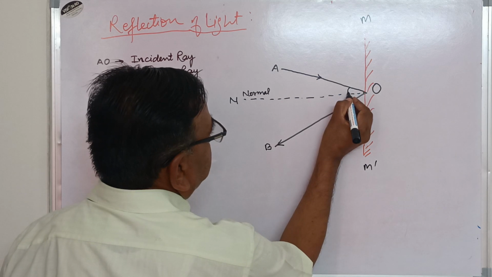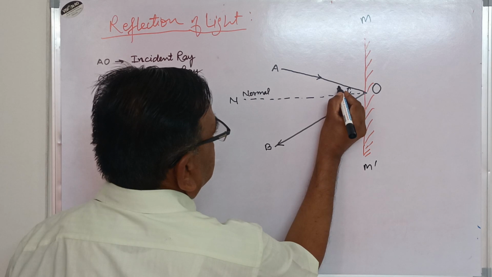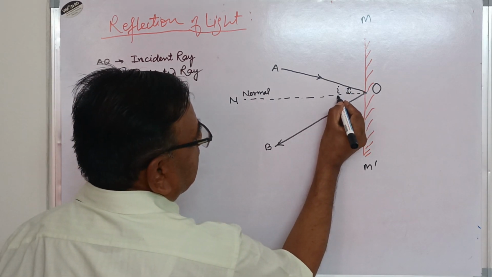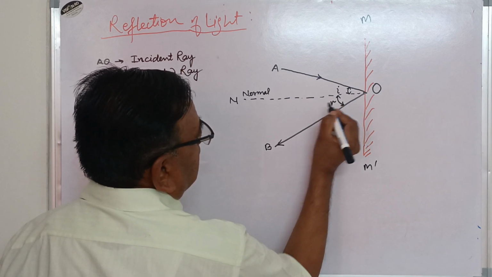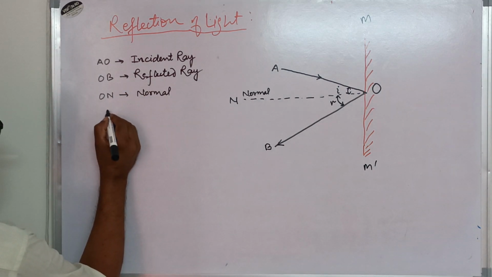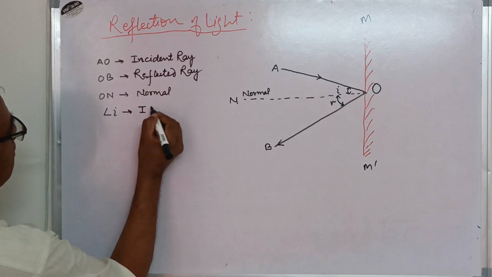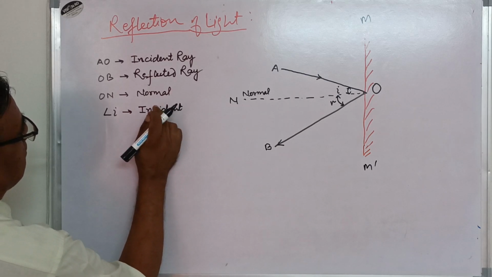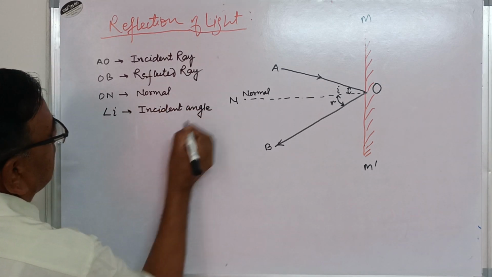This incident ray makes an angle with the normal, this angle. This is called I. And the ray which is returning, the reflected ray, makes an angle with the normal. This angle is called R. So we have the angle I. Angle I is called incident angle, the angle of incidence.